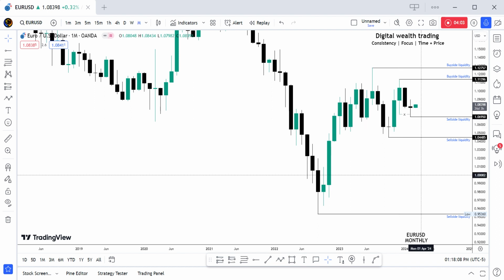What I mean by that statement is that I was looking for this inversion fair value gap to be respected. I was anticipating that when we started rallying lower, this would form the characteristic of an inversion fair value gap and the market would respect it, which has been seen here.